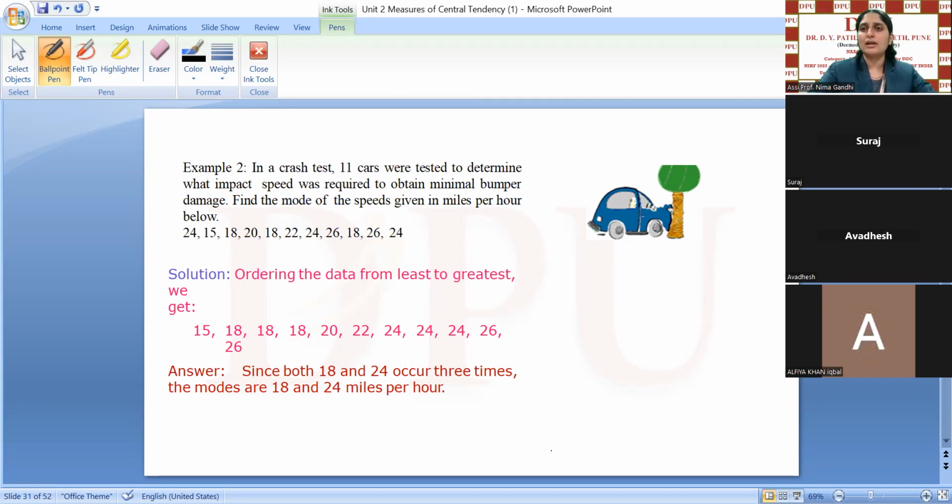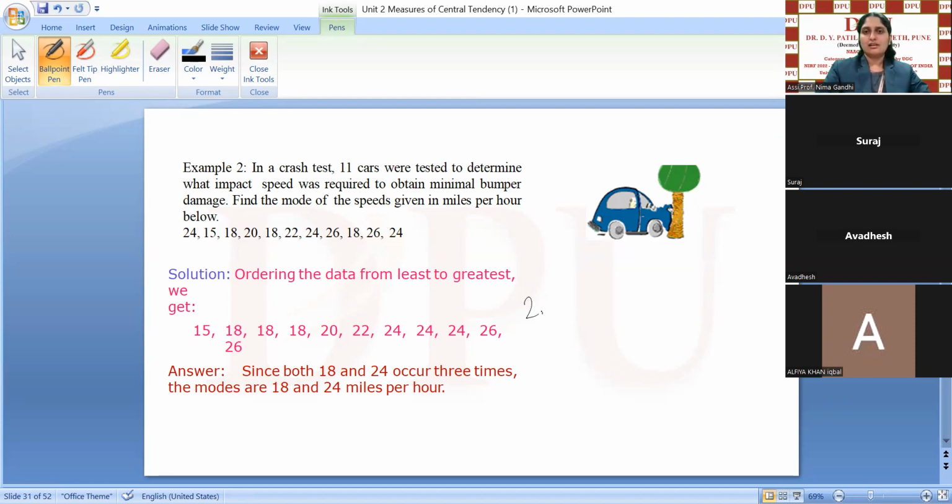Your data can have a single mode, two modes, or more than two modes, but generally we have a single mode or two modes. When your data has a single mode, we say unimodal data, and when your data has two modes, we say bimodal data. So this is an example of bimodal data.